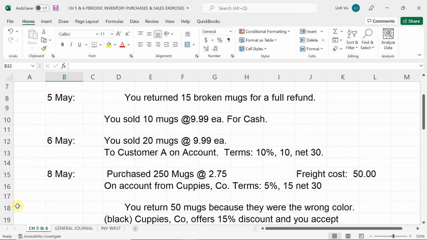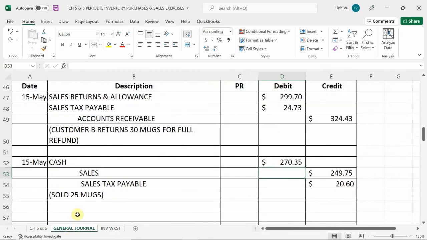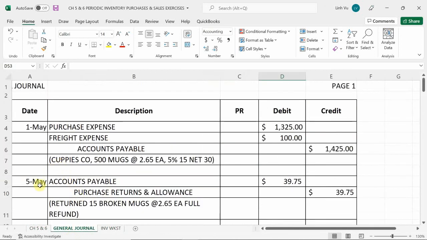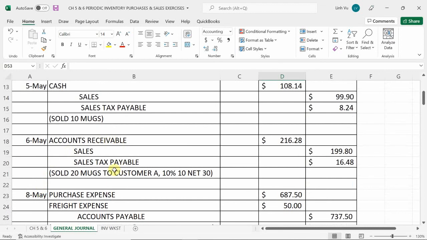So let's go ahead and take a look at my journal. How much does customer A actually owe me? Okay. So May 6th. Customer A owes me a total of $216.28. And therefore, customer A said that they're going to pay me back in cash for $216.28. Okay.